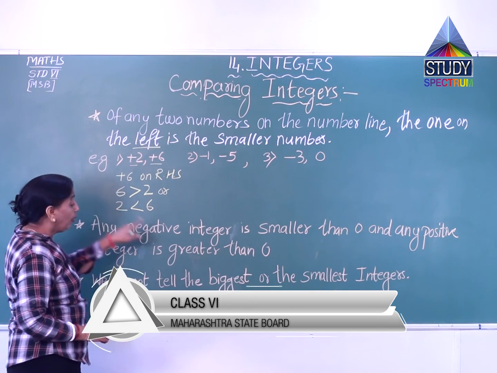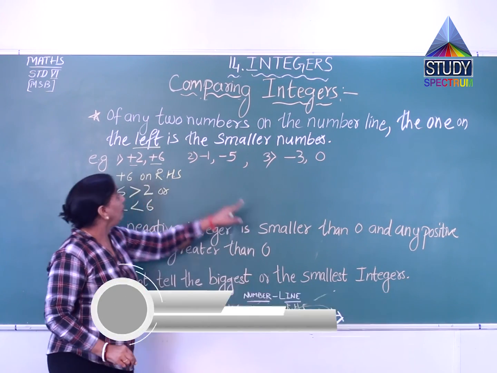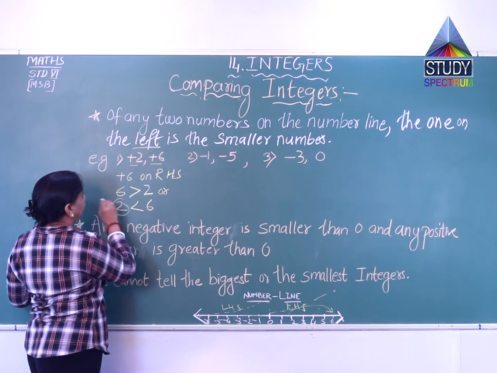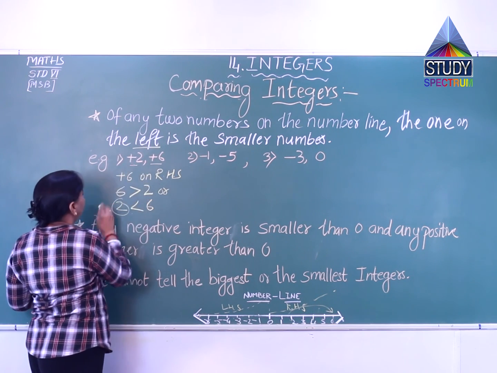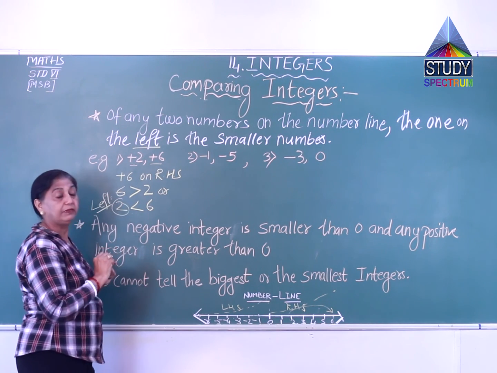Why is 2 less? Because 2 is on the left hand side. The number which is on the left is smaller, right?